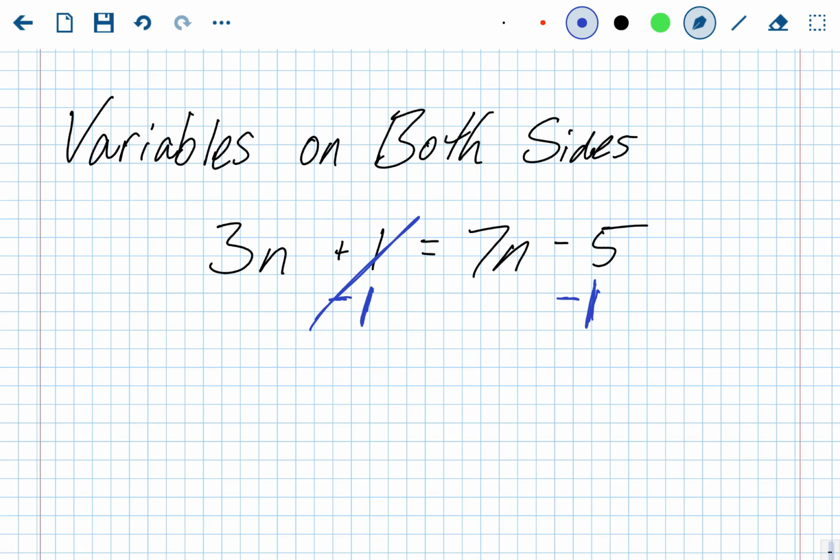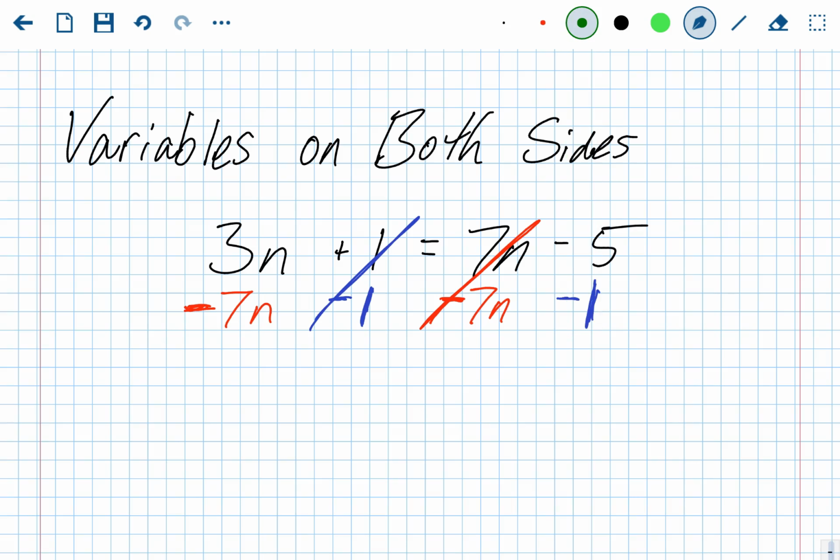Okay, subtract 1 on the left side, you have to do it to the right. Next up is the 7n that's on the right. We need to move it to the left. So it's a positive 7n. To get rid of a positive 7n, you'd have to subtract 7n, inverse operations, and you subtract it from the n term on the left. Okay. So that goes away.